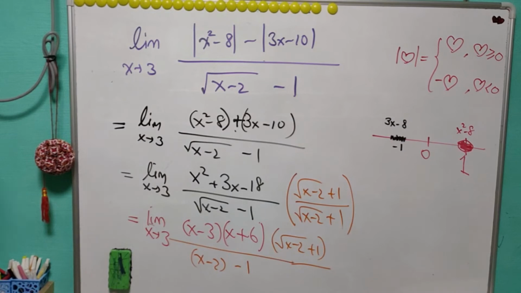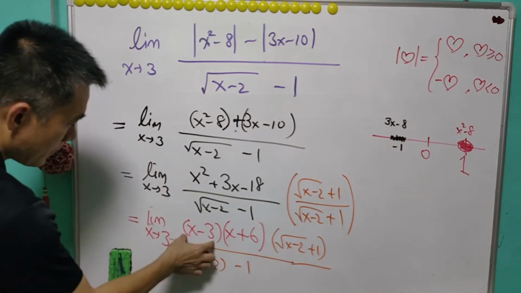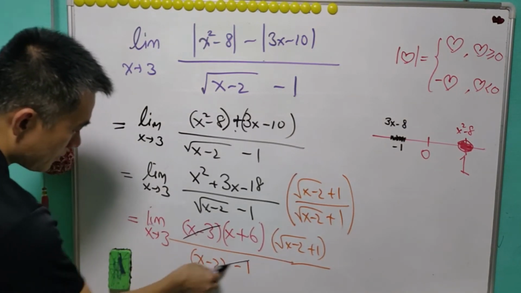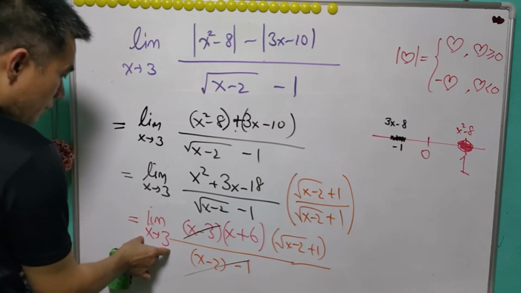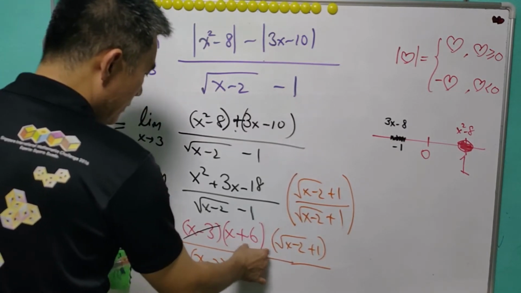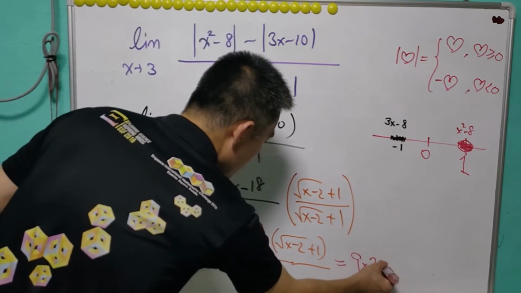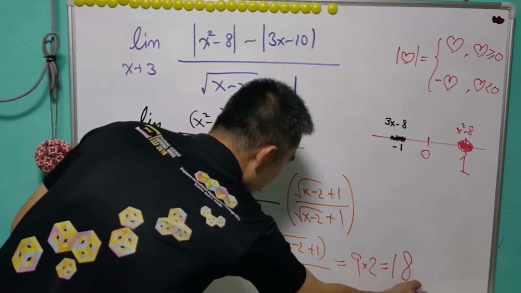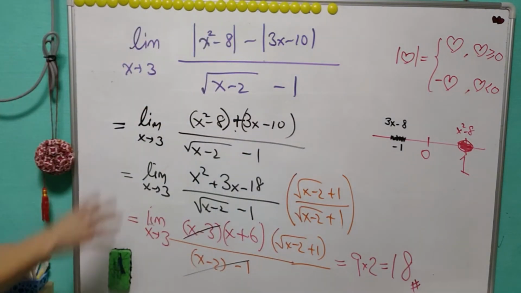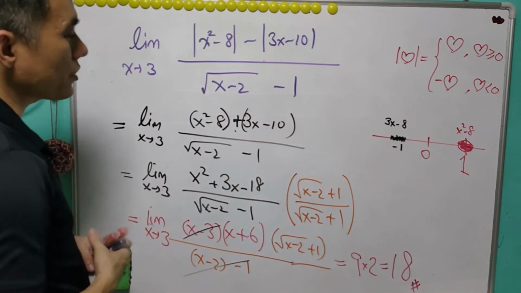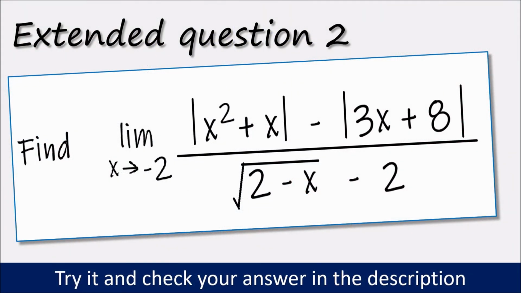Now this is x minus 3, this is x minus 3, they can be cancelled off. So when x tends to 3, this will equal 9, and this will be equal to 2. So it's 9 times 2, that is 18. And using a similar idea, you can try the following question.